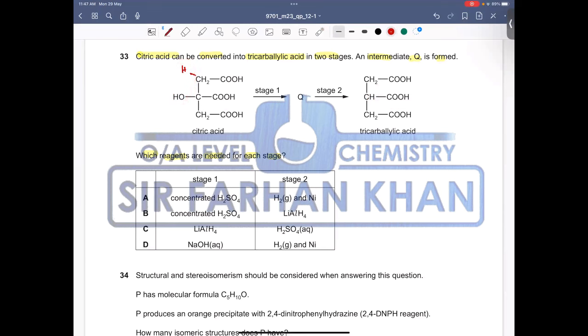So either concentrated sulfuric acid, options C and D are absolutely incorrect. So we need to remove water in stage 1, and that's dehydration.